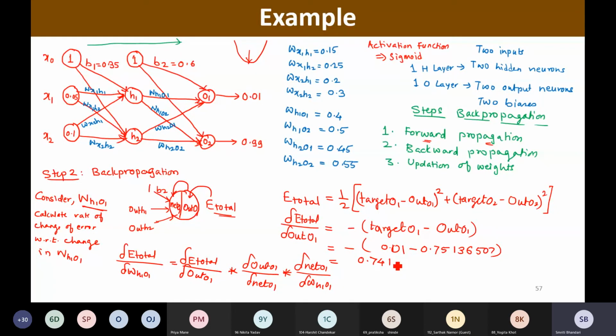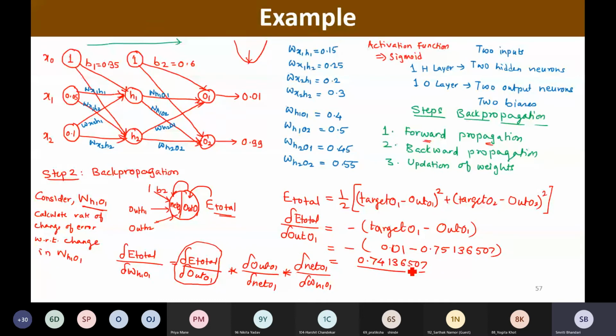This is the first term that we have computed. We want to compute the partial derivative of error with respect to this weight WH1O1, and this first term contributes to that expression. So we have computed the partial derivative of error with respect to out O1 and it comes out to be this. Okay, now what next?